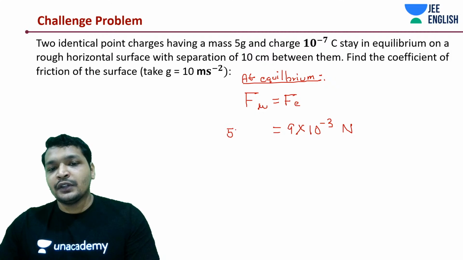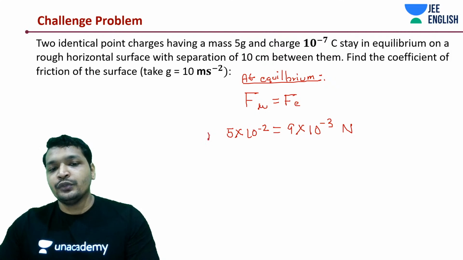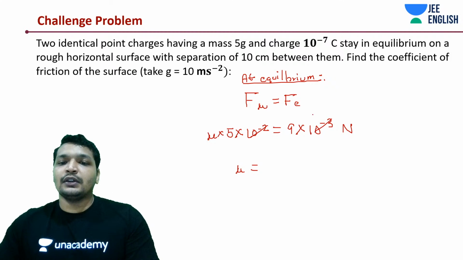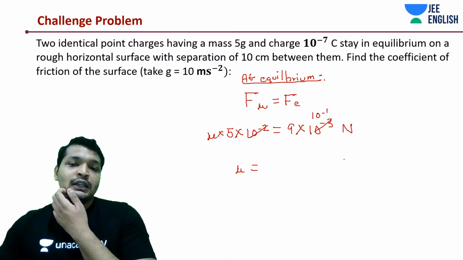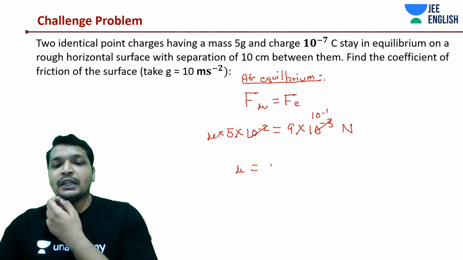So it is 5 into 10 to the power minus 2, 5 mu into. Okay, so mu should be, so cancel it out. So there would be 10 to the power minus 1 over here, and 5 by 9. So that is going to be 1.8, 0.18.